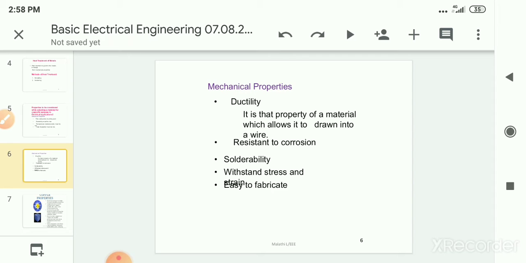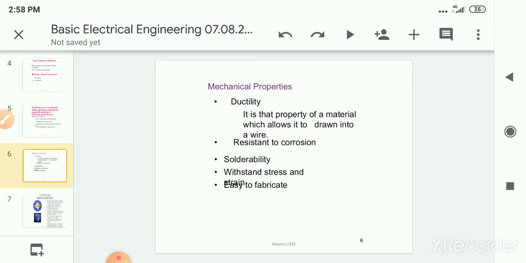Next, it should be highly resistant to corrosion, so that it does not get rusted when used outdoors. It should be ductile and malleable. Then what happens? Then it can be drawn into thin wires.